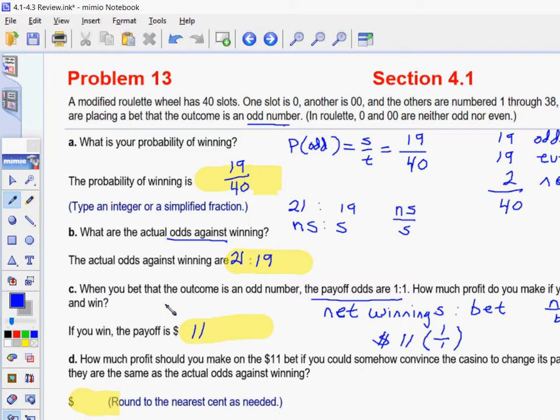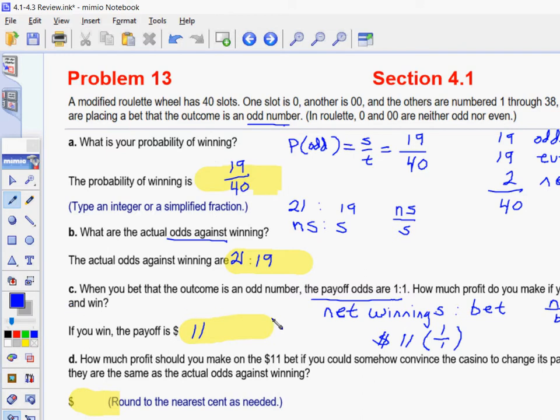Okay. Now, how much profit do you make on $11 if you could somehow convince the casino to change its payoff odds so that they are the same as the actual odds against winning? What you're basically saying is, hey casino, don't make a profit, just do this for my benefit of fun.